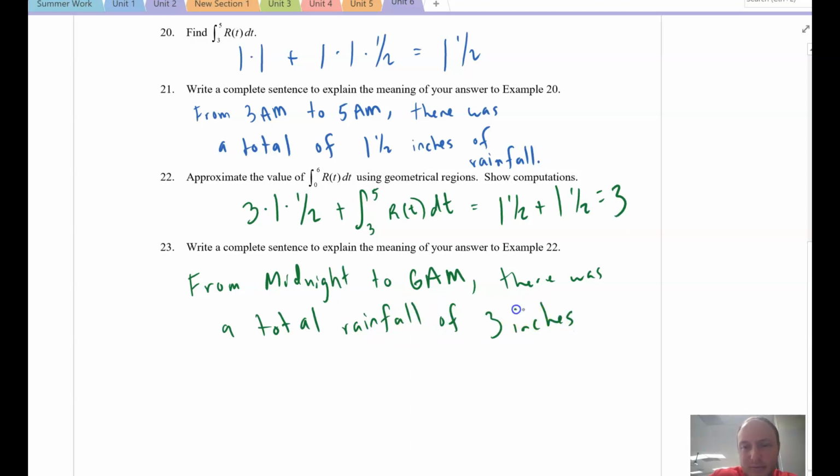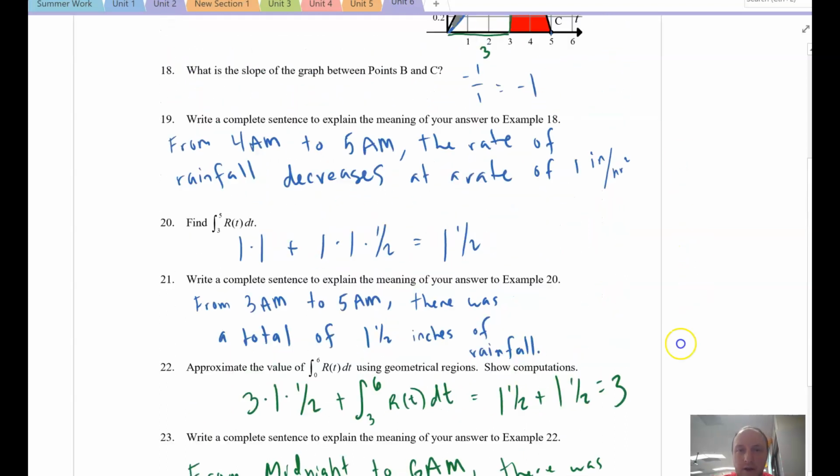So notice I just said midnight to 6 a.m. Our integral in 22 didn't account till 6. It went from 3 to 5. So let me just adjust this bound. And you're like, Schwarberg, that's not what you calculated earlier. I know that. I agree.